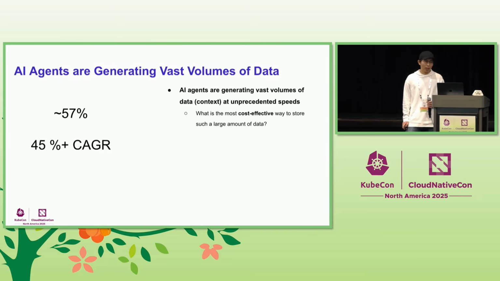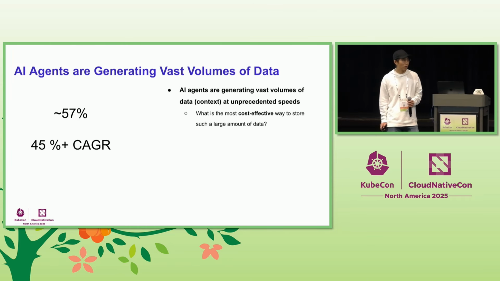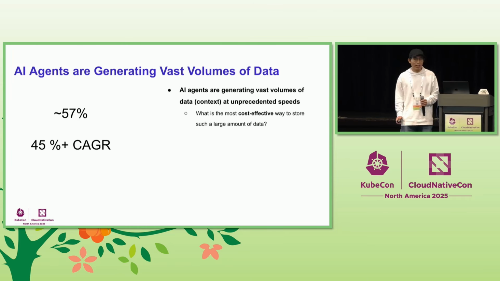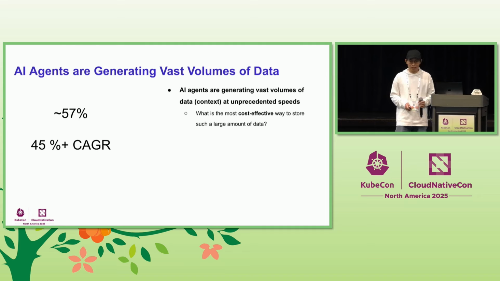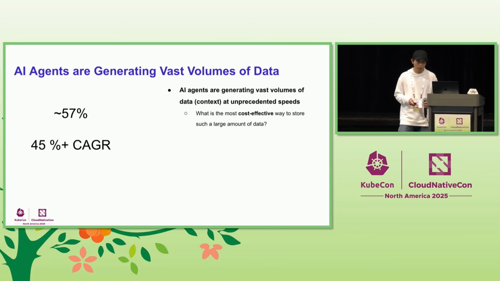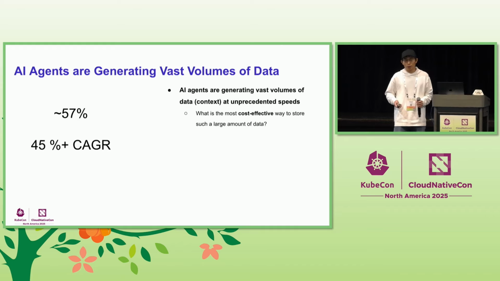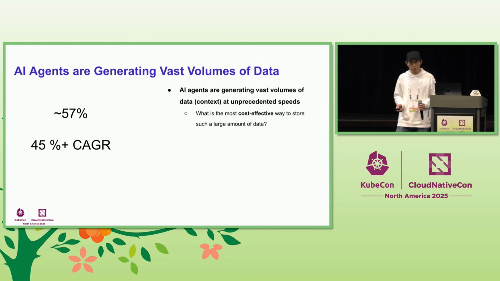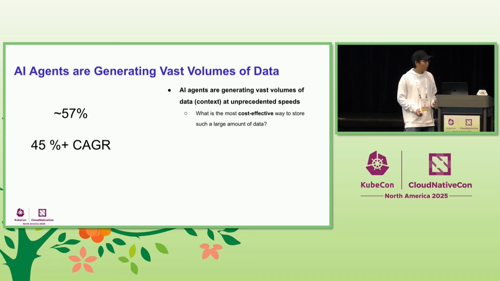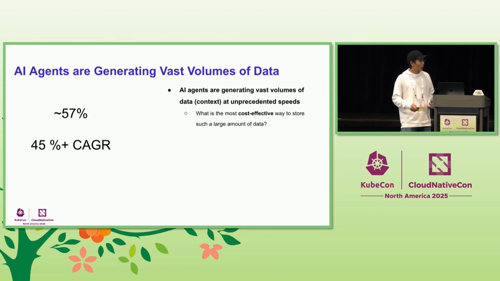The second number is a 45% compound annual growth rate for enterprise adoption of AI systems, which I believe is a high number. How can we store such a large volume of data cost-effectively? In terms of economics, your business value must be way larger than the cost you spend on keeping this data.